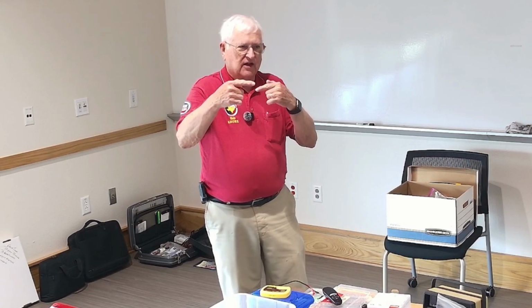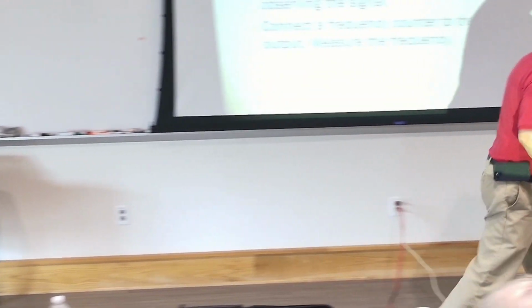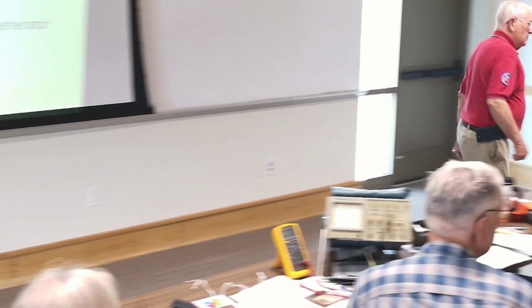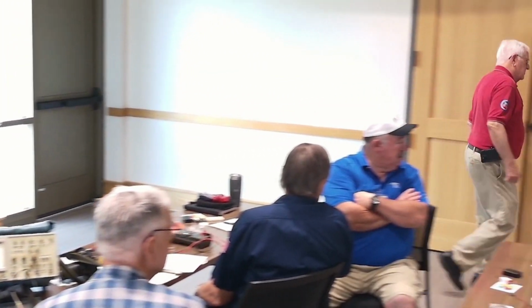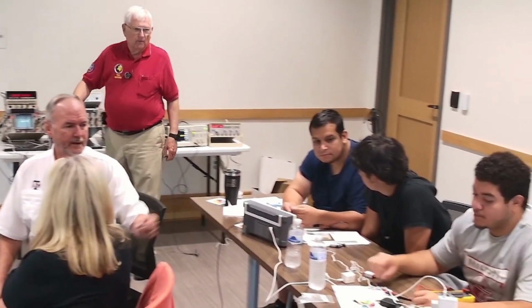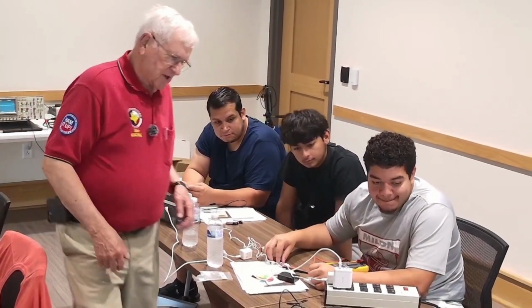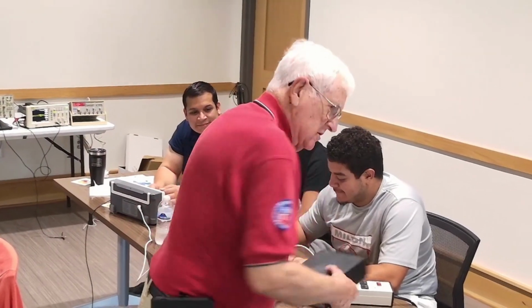Is that not it back there? Did I leave it? I thought I had it in my hand when I came back here, and I don't know if I set it down someplace. Golly. Nope, that's not it. That's a frequency counter. There it is right there. I got that far and was talking to somebody else and forgot where I was. Let me come back around to the front again.